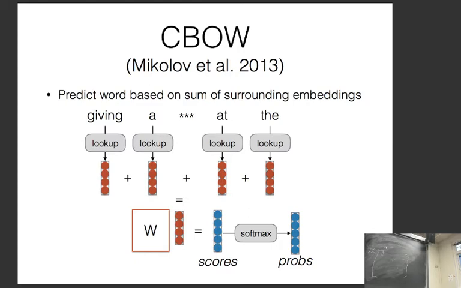And each row in this matrix here is the word embedding in the CBOW model. This makes the connection to the neural language models. Neural language models are the same as this model, except they only consider the context on the left. And they also have some sort of nonlinearity in there. The CBOW model doesn't have a nonlinearity precisely because it wants to have those nice linear connections between the words.